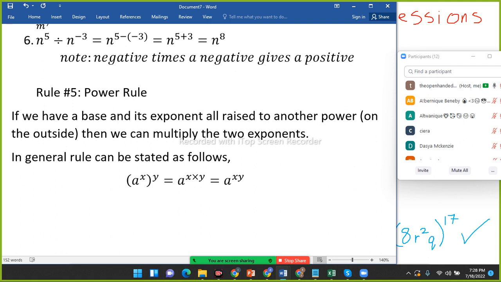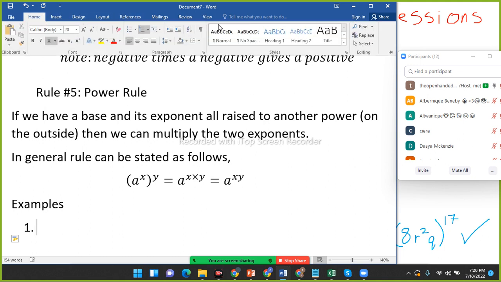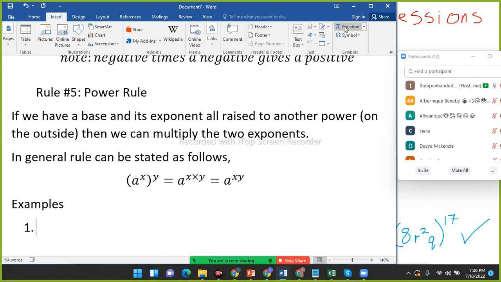So, let's try it. Example. We always start with 2. 2 is nice. I'll do the first one just so you can get an idea of what's happening, so it won't be confusing.